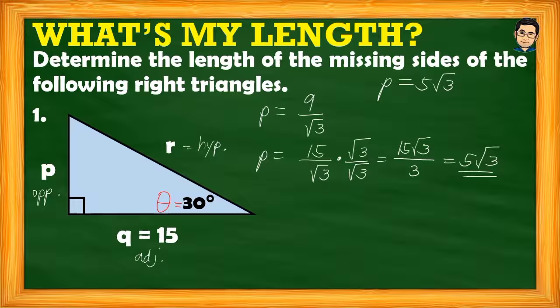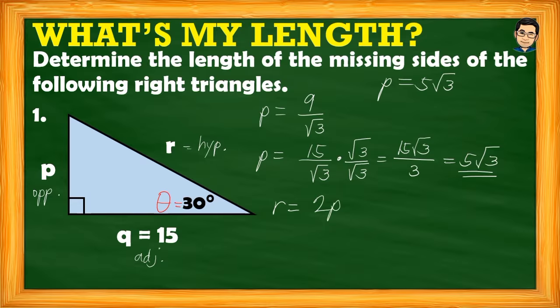Next, what about R? So, diba, kung ang theta natin is 30 degrees, okay, so tatandaan natin, kapag 30, 60, 90 degree right triangle, yung sukat ng hypotenuse ay doble dun sa sukat ng shorter leg. So, basically, yung shorter leg natin dito is P. Okay, so, ibig sabihin, R is equal to 2P.